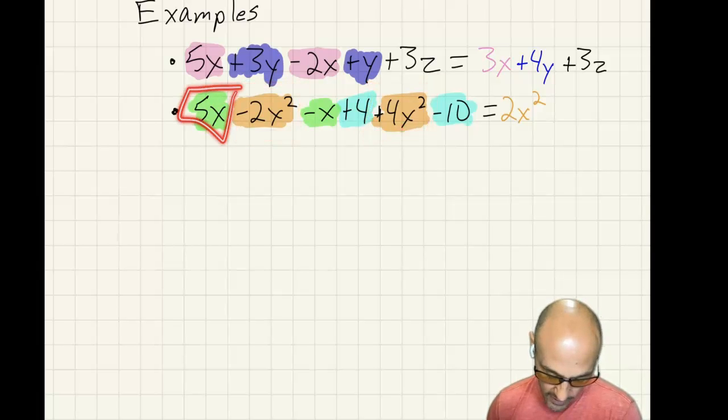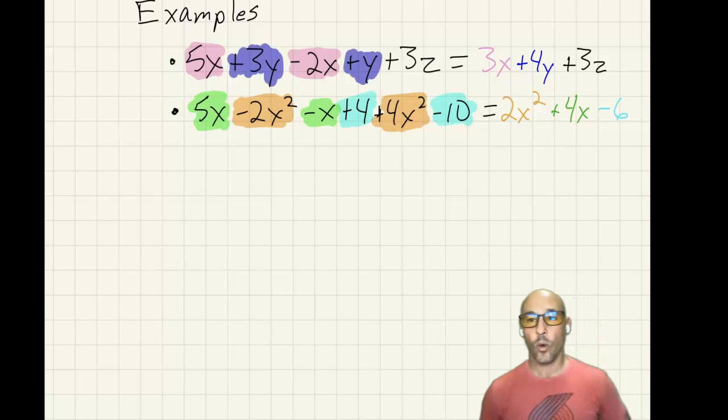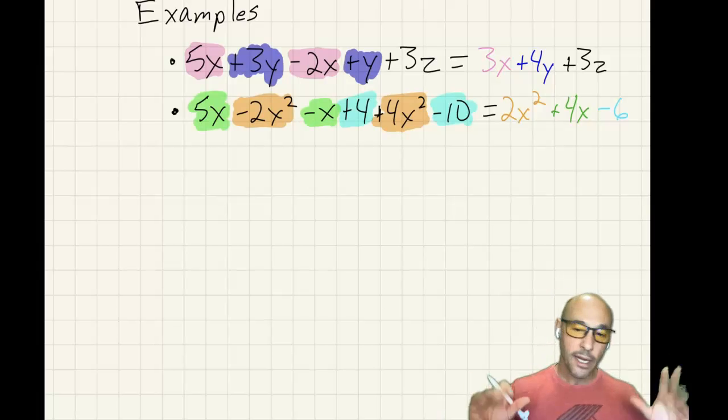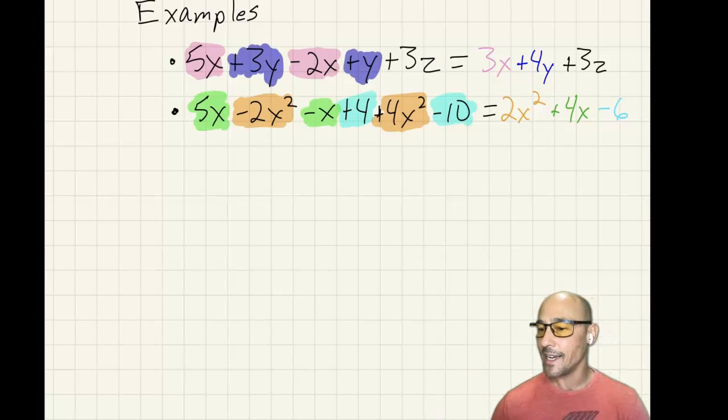Now combining our x terms, 5x combined with negative x, that is going to be positive 4x. And combining the positive 4 with the negative 10 will be negative 6. Now, if you have a hard time with positive and negative numbers, make sure you're using a calculator. That is absolutely okay. I highly suggest you do that.